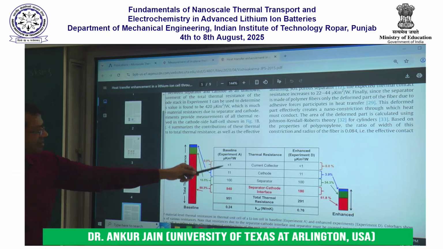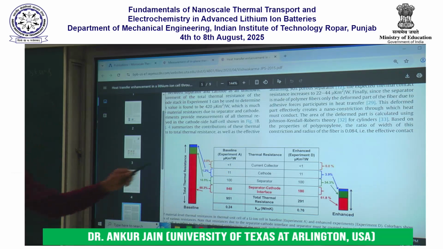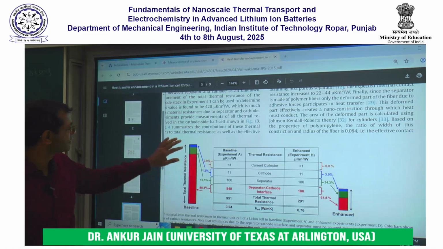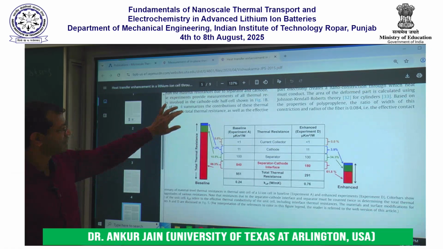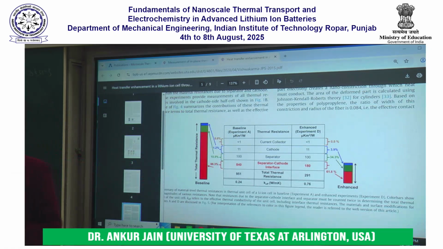And this table lists the measured values of the thermal resistances of each component. We did not bother to measure the thermal resistance of the current collector because they are made up of copper and aluminum. I have all the reason in the world to believe that their thermal resistances are extremely low. So that is why those thermal resistances are less than 1 watt microkelvin meter square per watt.